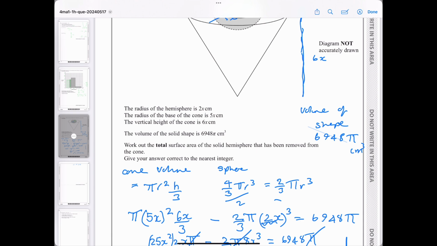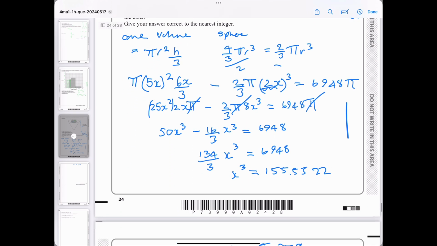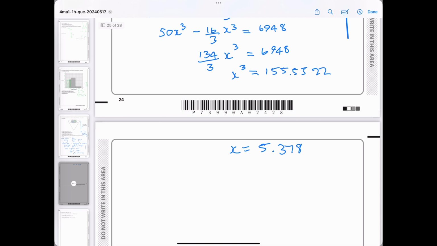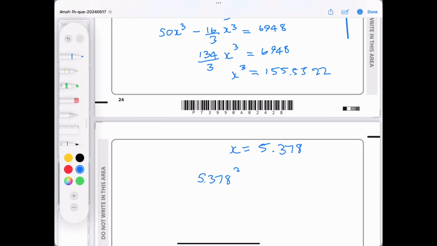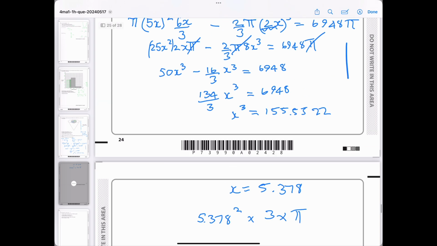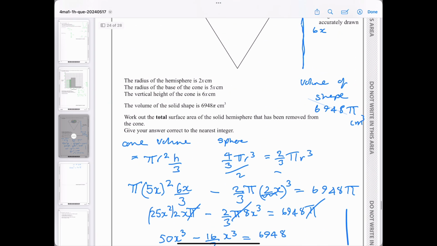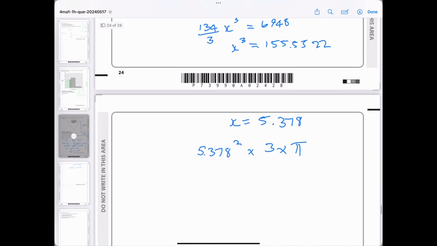Surface area formula for hemisphere. There we go, and that should be 3 pi r squared. So it would be 5.378 squared times 3 times pi. And that is what we should get, the total surface area.